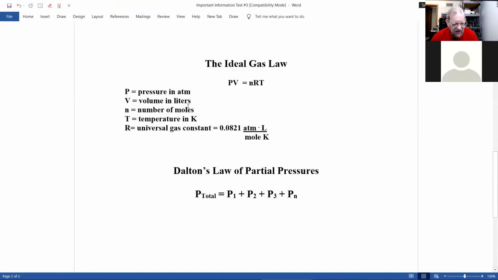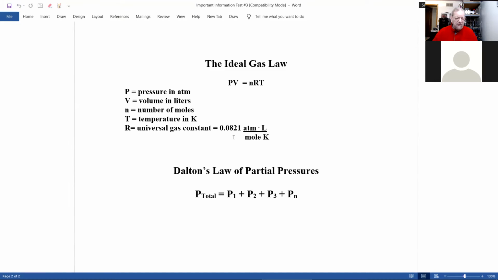You don't have to change that for this problem. n is moles, and temperature is in Kelvin, and also R in PV equal nRT is the universal gas law constant, which for this class, I'll use 0.0821 atmospheres liter per mole K. And this is a calculated number, and therefore the one we use has 3 significant figures.